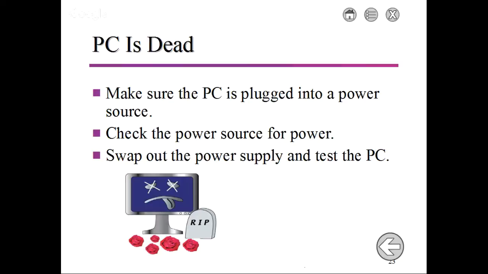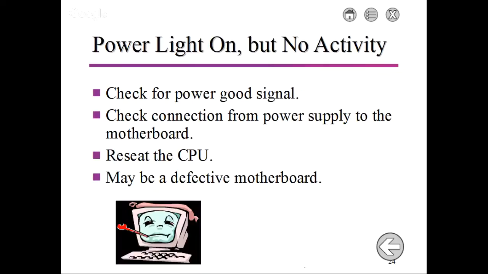What if you see that some lights light up, but there's no activity? Maybe you get some lights on the computer and it looks like things are running, maybe some fans are running. It's possible that the power supply is working fine, but there's a connection problem from the power supply to the motherboard.